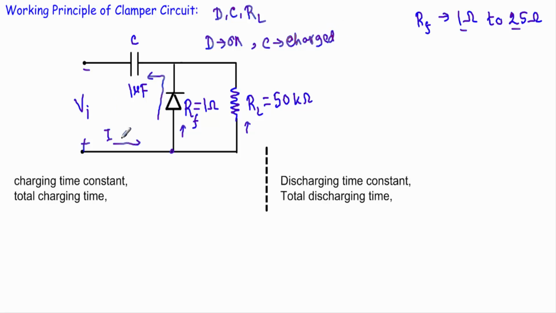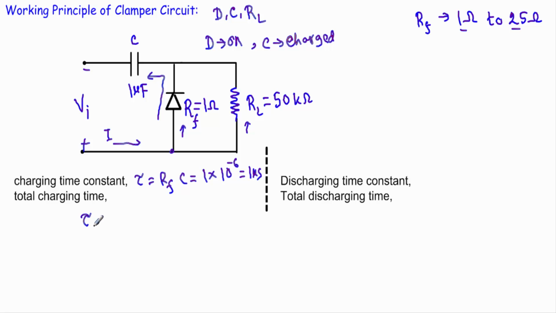As the capacitor is getting charged this way, we can calculate the charging time constant by using the forward resistance of the diode and the value of the capacitor. Here the forward resistance is 1 ohm and the value of the capacitor is 10 to the power minus 6. Therefore the time constant will be 1 microsecond, and it takes 5 times more for the capacitor to get fully charged.